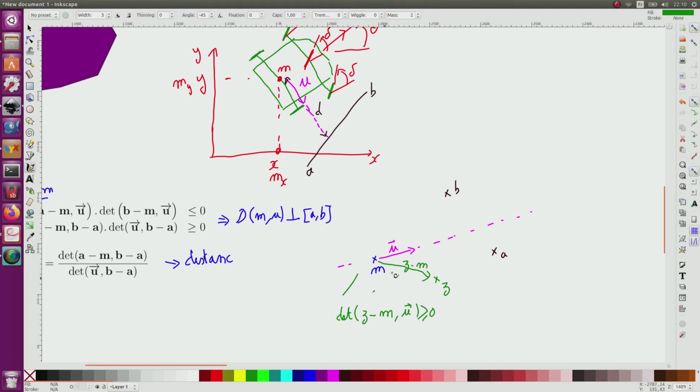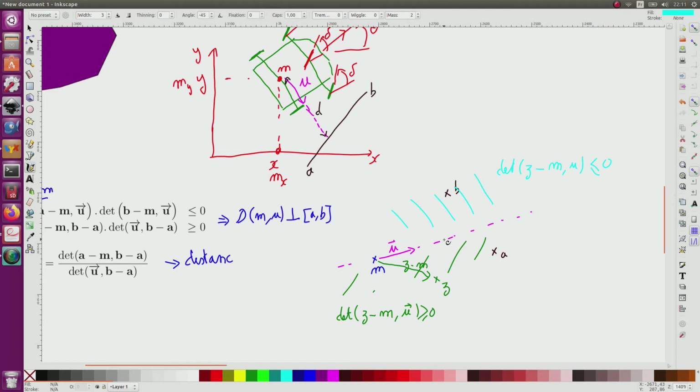All points here satisfy this inequality, which is linear. And all points here satisfy the inequality that the determinant of Z minus M, U is negative. And the line here corresponds to the equality equal to 0.